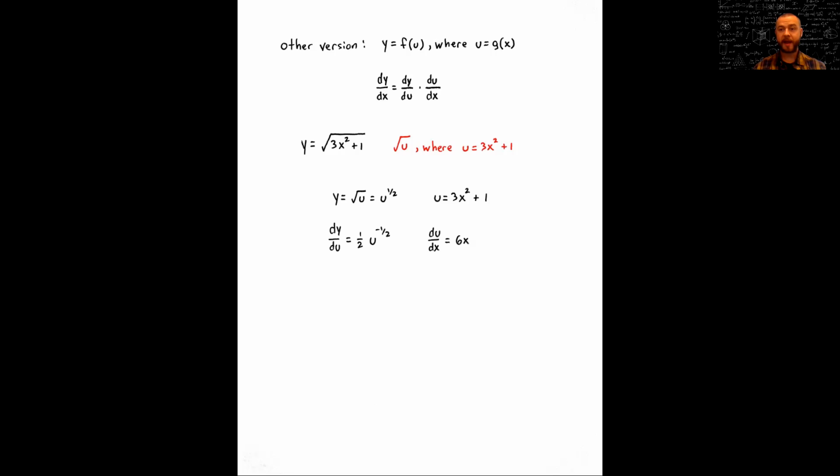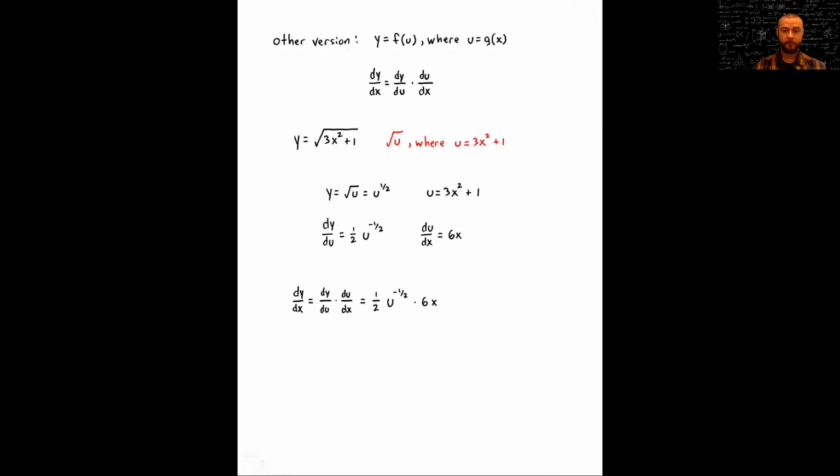All right, now how do we get our answer for the function's derivative? Well, we multiply dy over du by du over dx. Now we can simplify it in a similar way. Notice we still have a factor of 1/2 and 6. 6 times 1/2, or 6 divided by 2, would be 3.